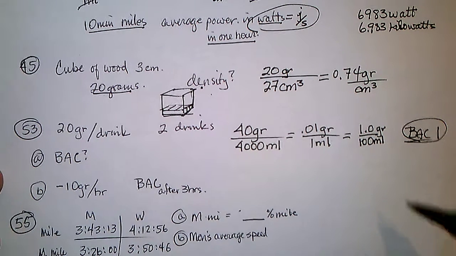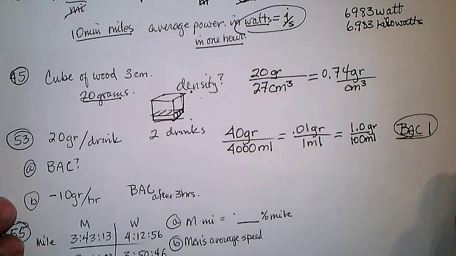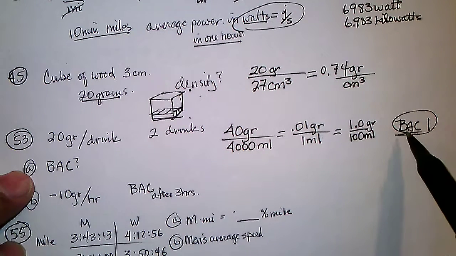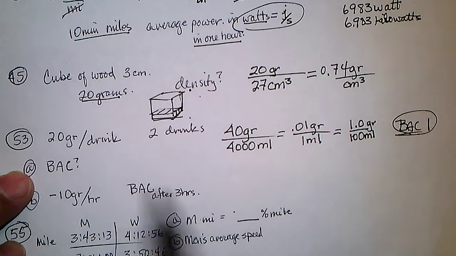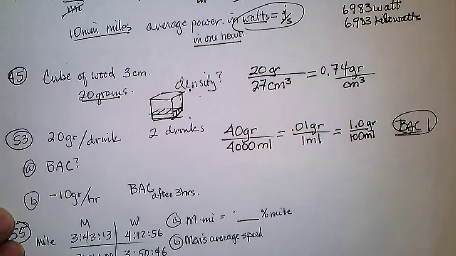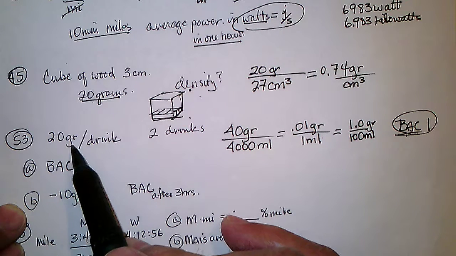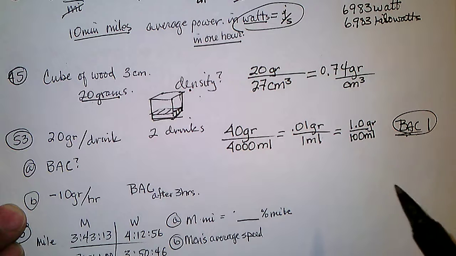The 2 drinks might take 2-3 hours before all the alcohol gets into your system. And as soon as it starts going into your blood, your body metabolizes it. It uses that alcohol up, so it's no longer in your blood. And it does that at 10 grams per hour. So this person won't die, but if we assume that it all went immediately in, then they would die.